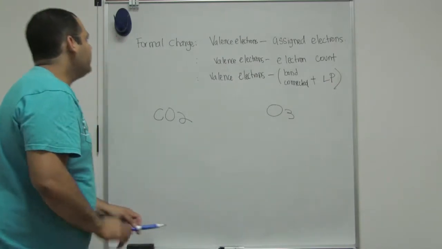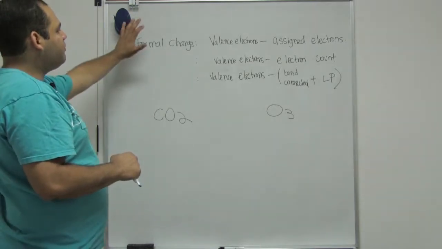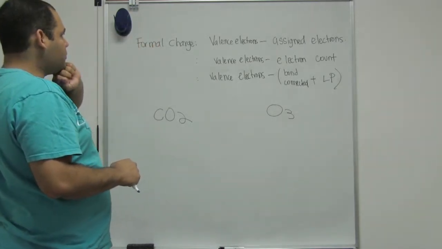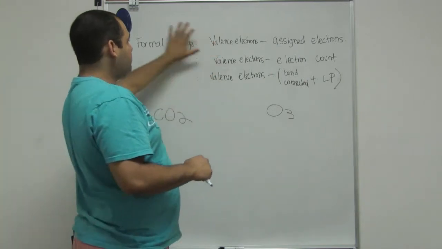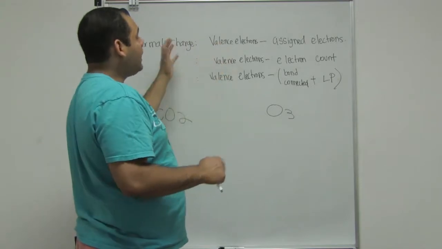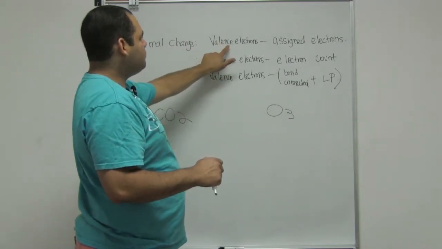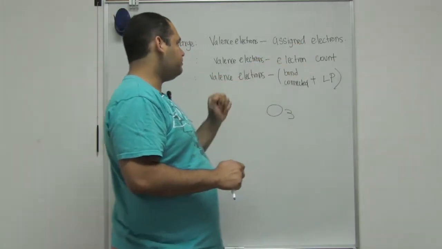Okay, so in this video we're going to talk a little bit about formal charge, and I have three definitions here for formal charge. You can find the formal charge of a particular atom in a molecule by doing the valence electrons minus the assigned electrons.